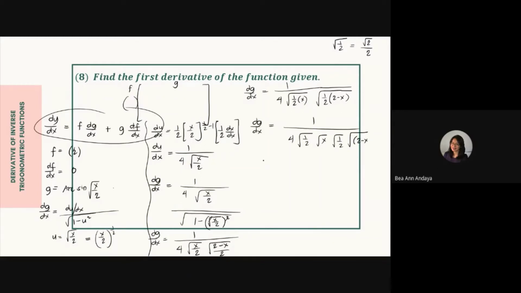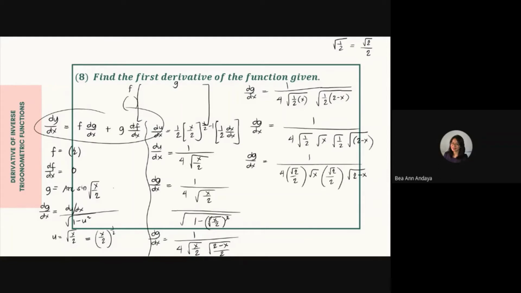From this, we can simplify the dg all over dx as 1 all over, this is 4, this is square root of 2 all over 2. Meron pa tayong square root of x, and this one is also square root of 2 all over 2. And finally, this is just the square root of 2 minus x.